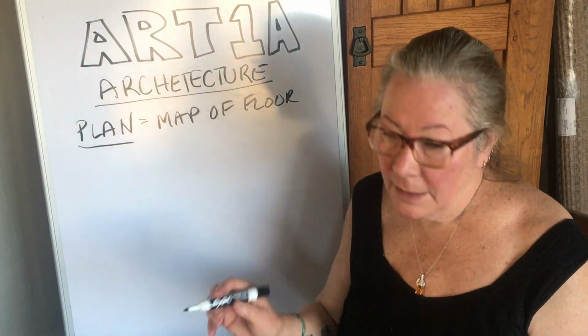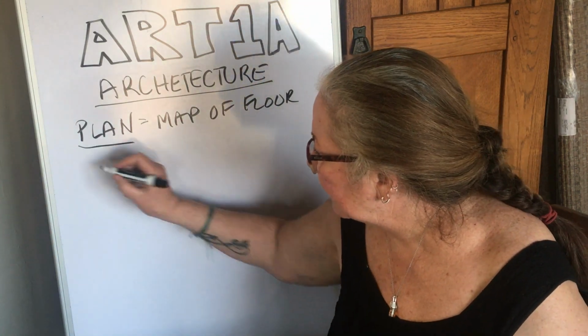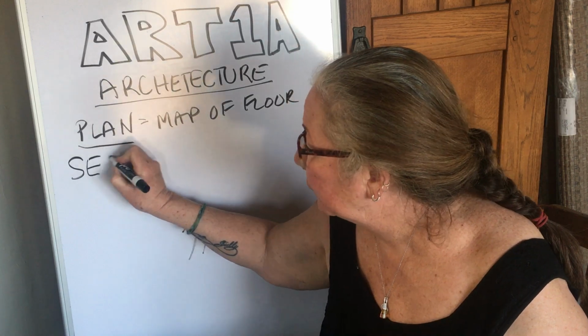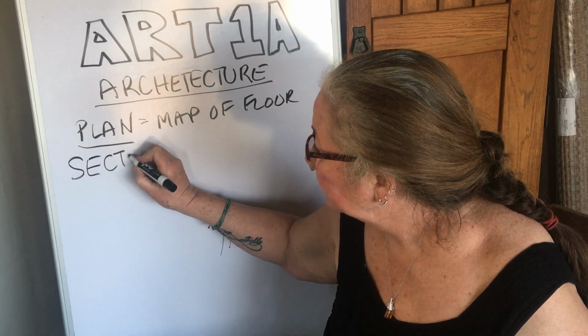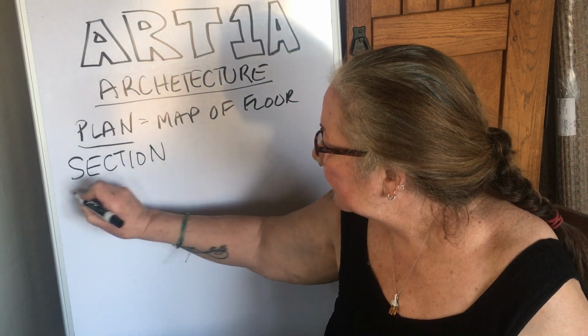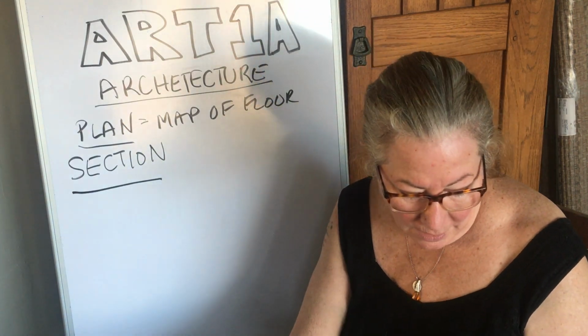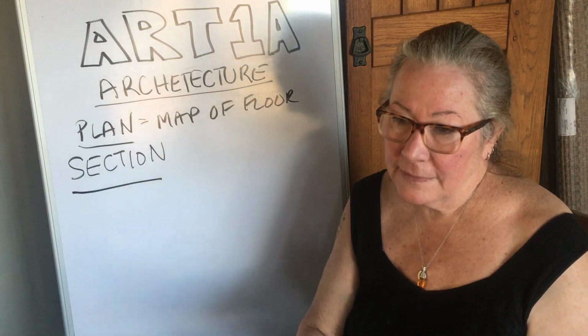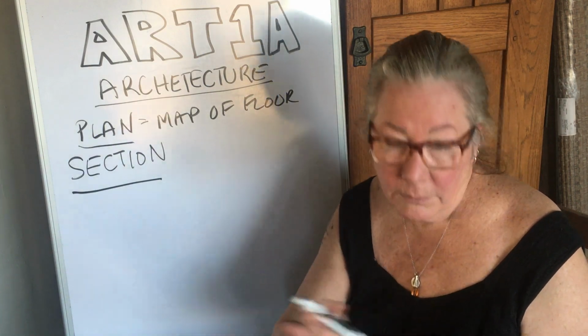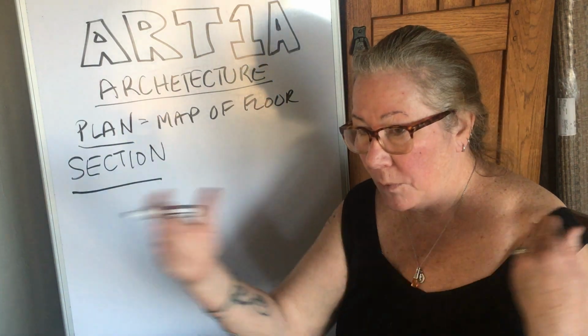Other words that they use would be a section. So these are all to describe buildings. A section is like a slice through a building, okay? If it's a lateral slice, it would be the width.